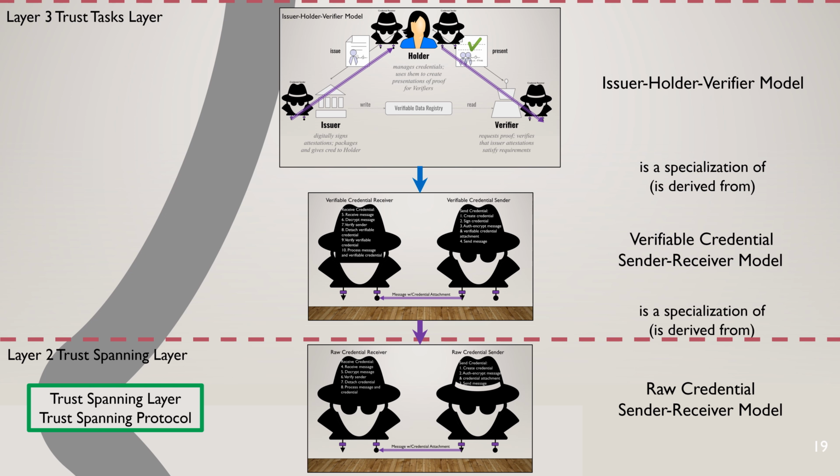And at the top we can see that the issuer holder verifier model in turn is a specialization or derivation of the verifiable sender receiver model. So it starts to look fairly interesting, the ability to layer out in a hierarchical taxonomy the different types of InterCredentials, as well as the sender receiver models.